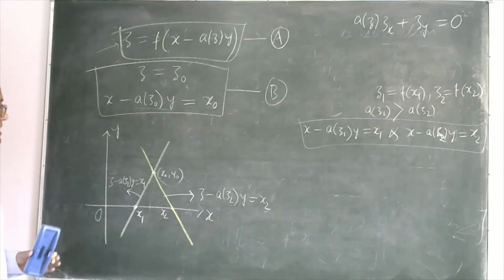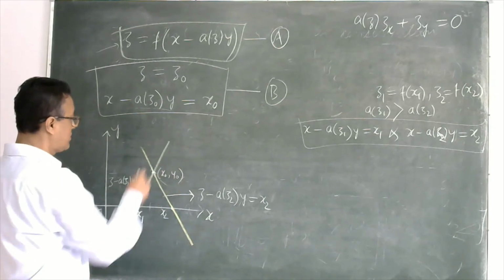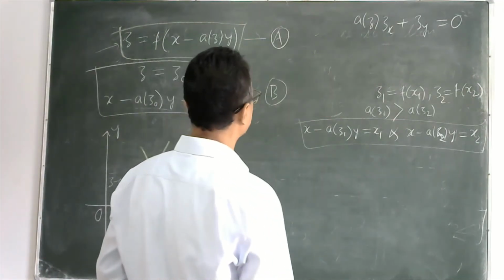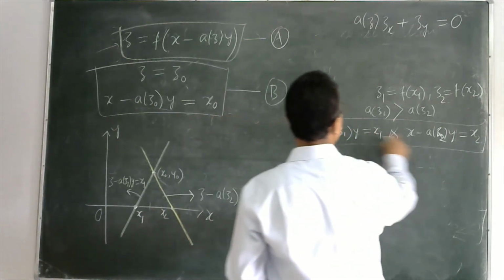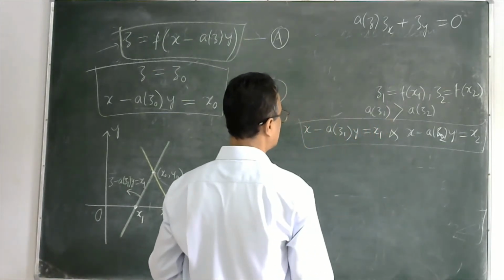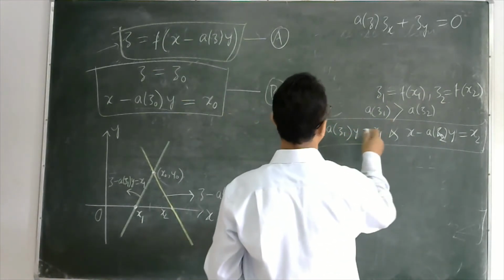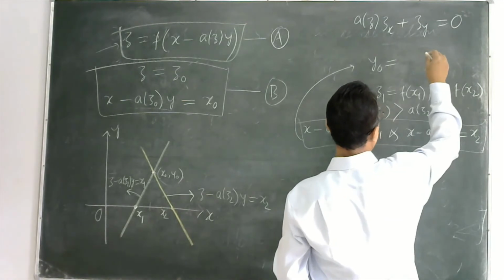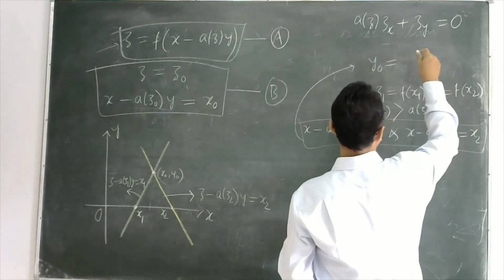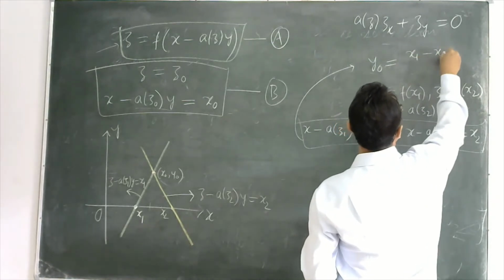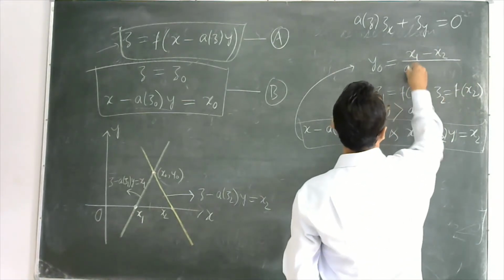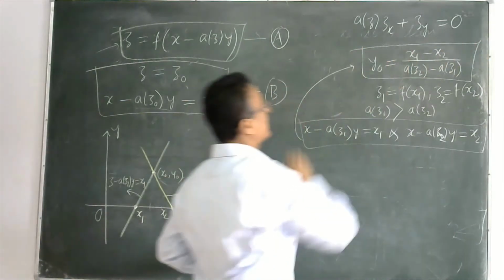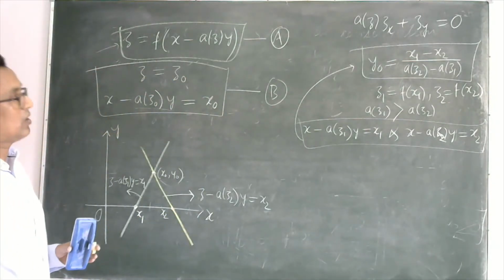And if you want to find the y coordinate of this point, I can find it by simply plugging in the values here. From here I can write y0 as x1 minus x2 over a z1 minus a z2, where the negative sign comes out. In fact, this expression is very important in the context of the development of shocks.